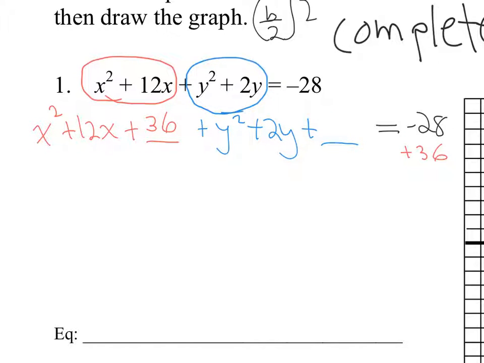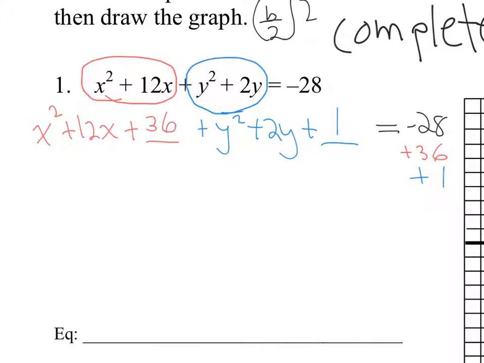Now I'm going to do the exact same thing for the y's. y squared plus 2y plus some number. Well, here's my b. Divided by 2, you get 1. 1 squared is 1. So we have to also add 1 to this side.